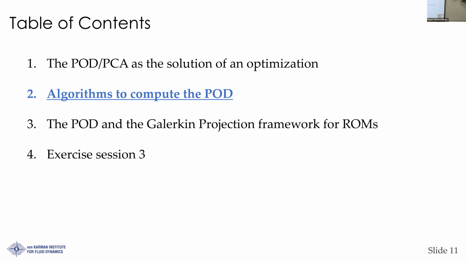Now, in how many ways can you compute the SVD? In Python, I count approximately 10, and in the code there is one script that tests all of them.